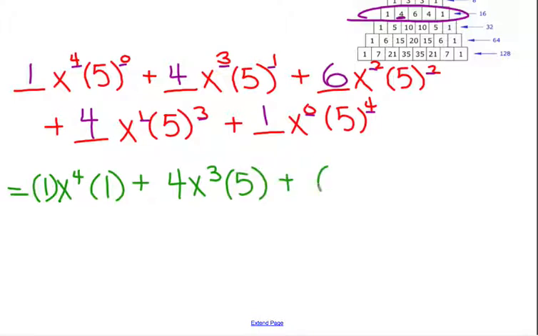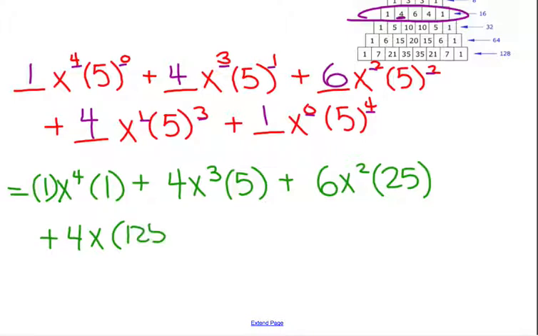Plus 6x squared, 5 times 5 is 25, plus 4x to the 1st, 5 times 5 times 5 is 125, plus 1, x raised to the 0 is 1, and then 5 to the 4th, let's make sure here, should be 625, but let's make sure. Okay. Yeah, 625. All right, so we're getting down there.